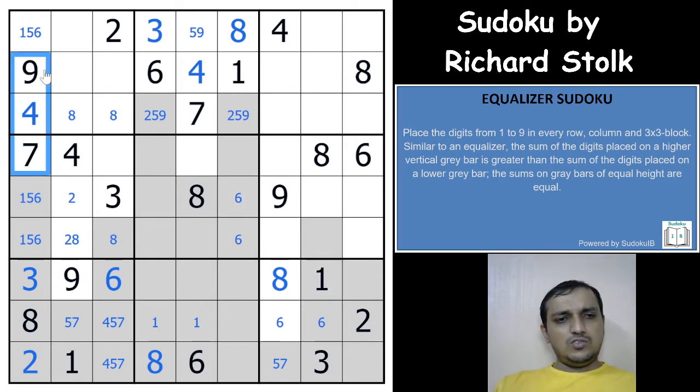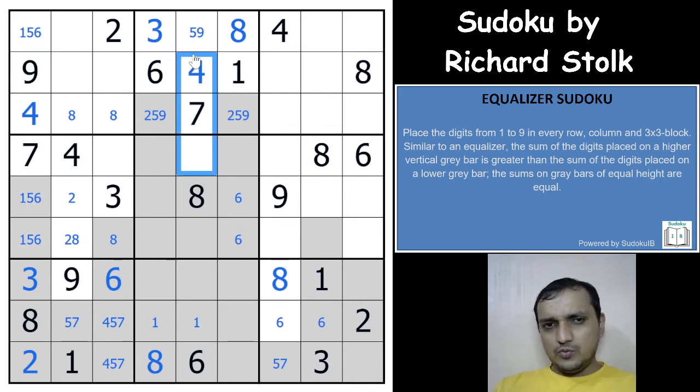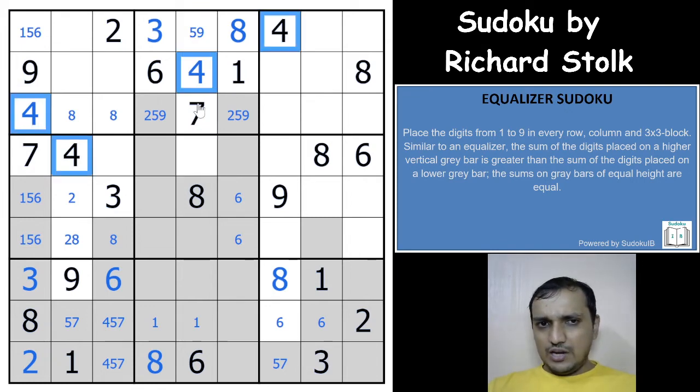The sum of these 3 cells is 9 plus 4 plus 7 is 20. So the minimum sum you can have is 21 here if you have a 1 here, which means you need to have at least 21 in these 4 cells. The sum of these 4 cells would have to be at least 21, right? According to the constraint that we are using here, you already have 11 here.